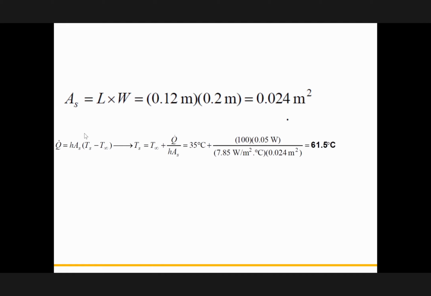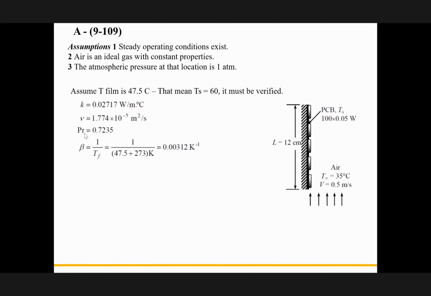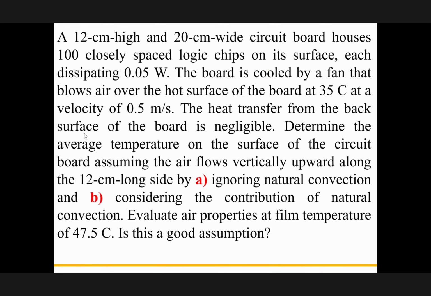I read the problem, tell me what we should do next. The first part, we ignore natural convection. Now, is it a good assumption or not?